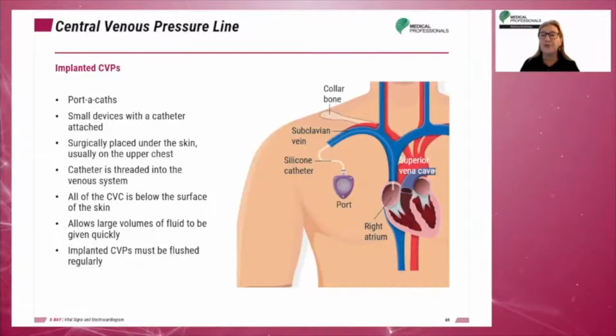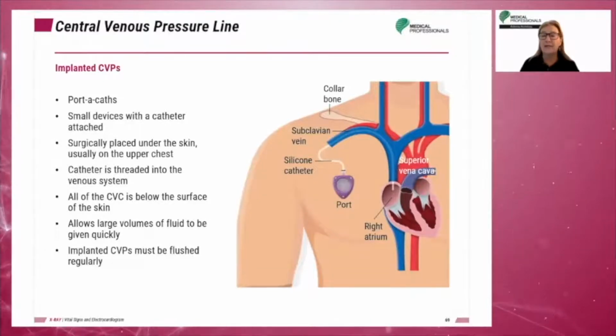Implanted ports, sometimes called portacaths, are small devices with a catheter attached. The device is surgically placed under the skin, usually in the upper chest. The catheter is threaded into the venous system.